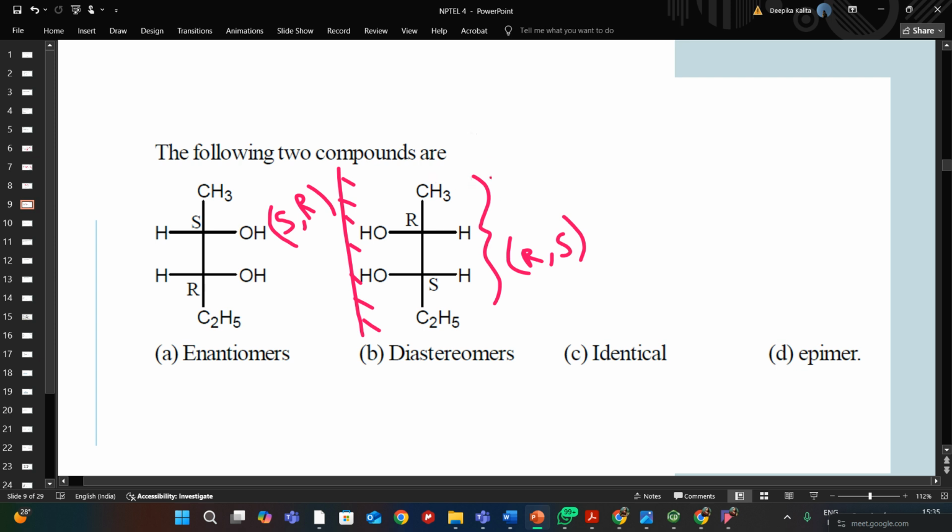But although they are mirror images of each other, you cannot superimpose them on each other. Hence, by definition you can clearly announce these two as enantiomers. I hope this question is clear to you.